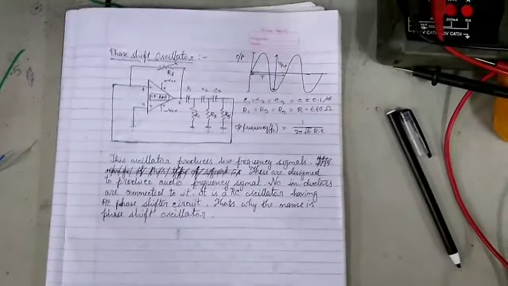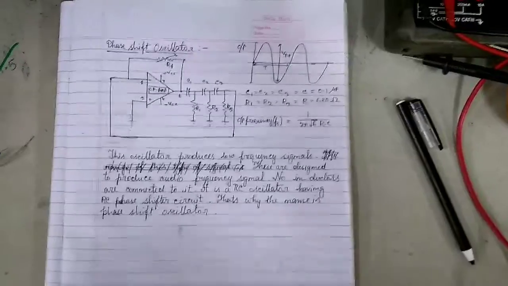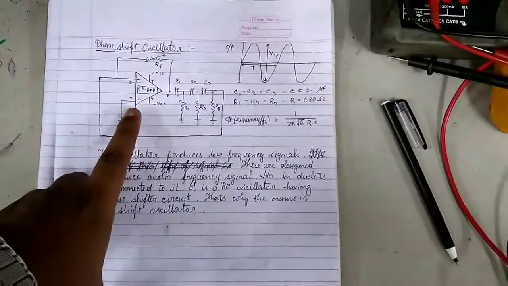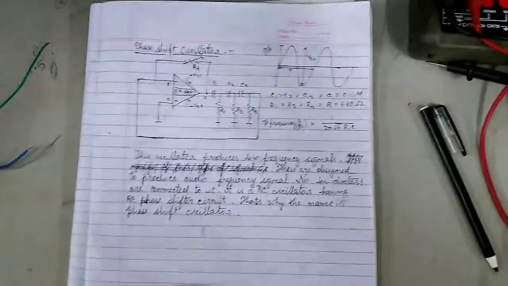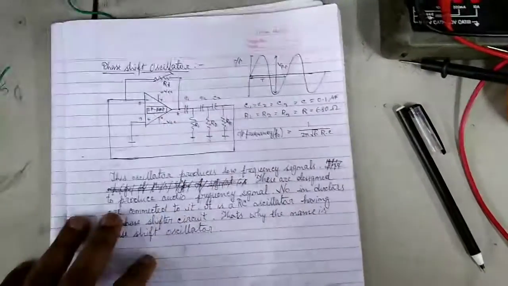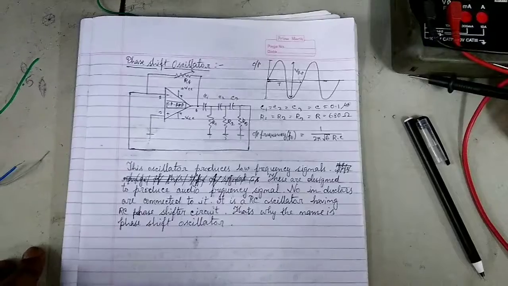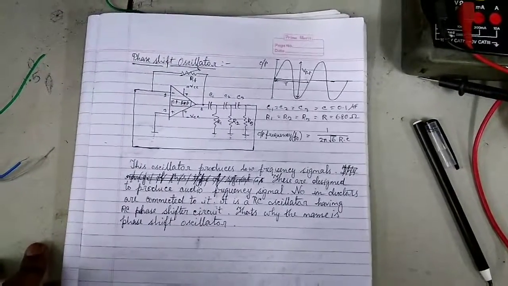Okay, this is the last oscillator circuit, the fourth oscillator circuit, using op-amp. This is the phase shift oscillator designed by an op-amp. The previous one was the Wien-Bridge oscillator using op-amp.